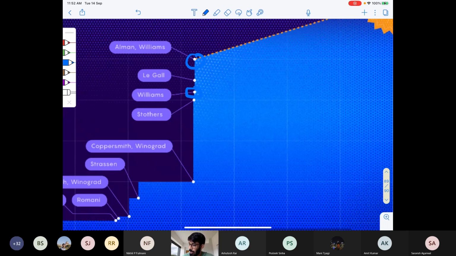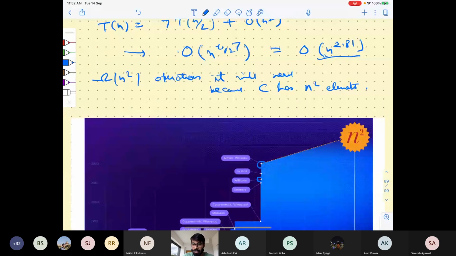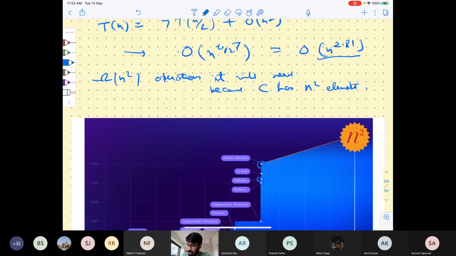Right now it's 2.3728. All the race is going on, decreasing these numbers at the 4th, 5th places and so on.